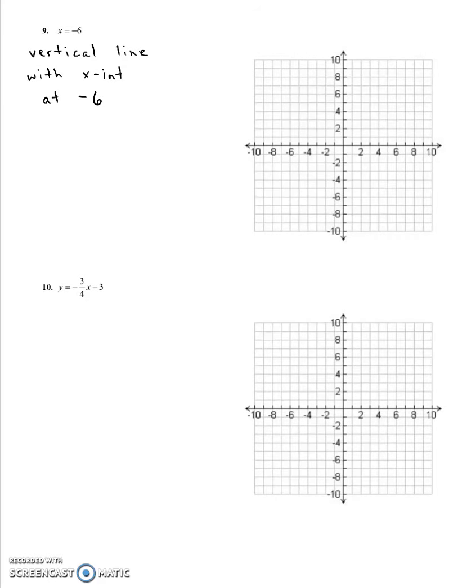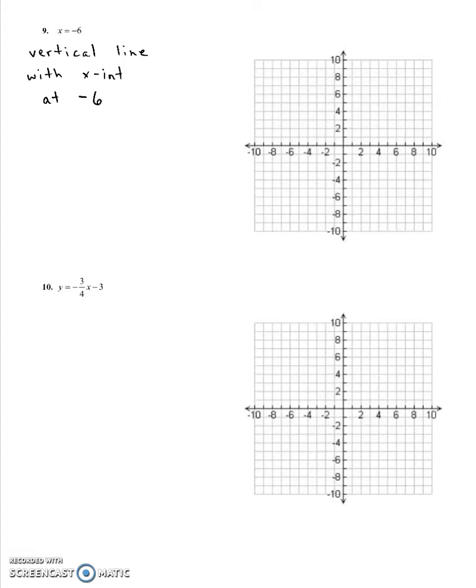So this is sort of the opposite situation of the horizontal line. With the horizontal line, there was no x in the equation, so any x meant y was negative 3. This, there's no y in the equation, so any y has an x value of negative 6.